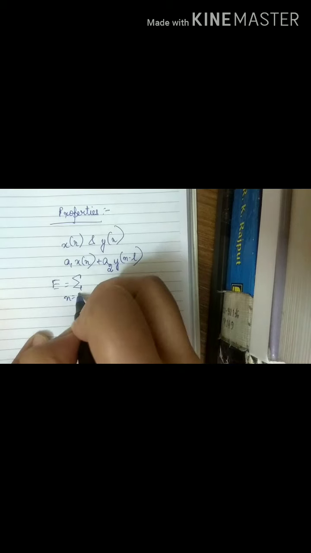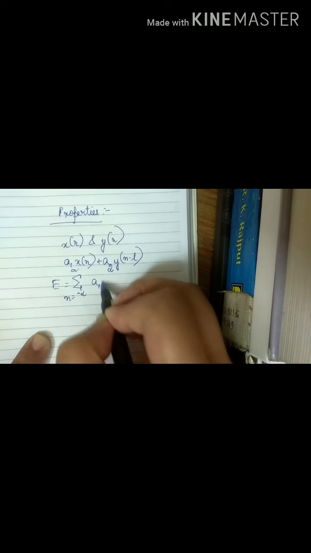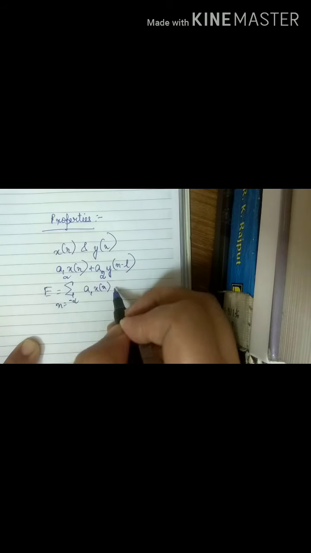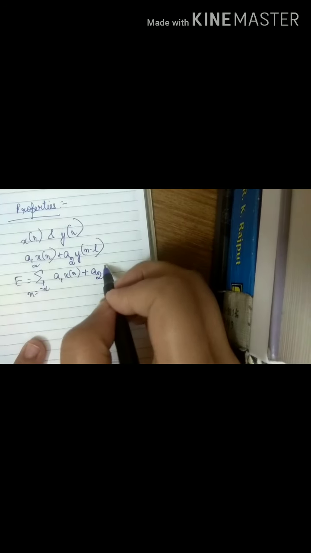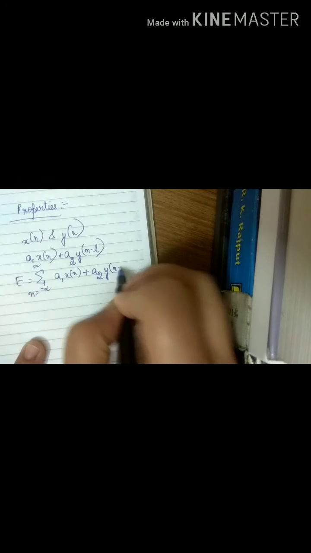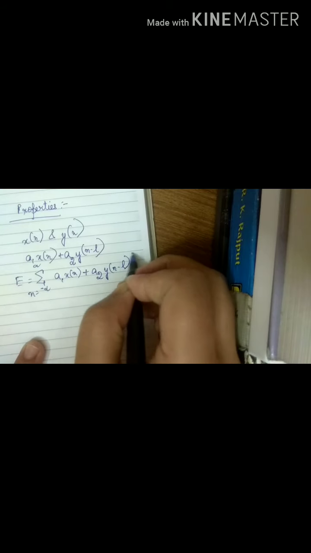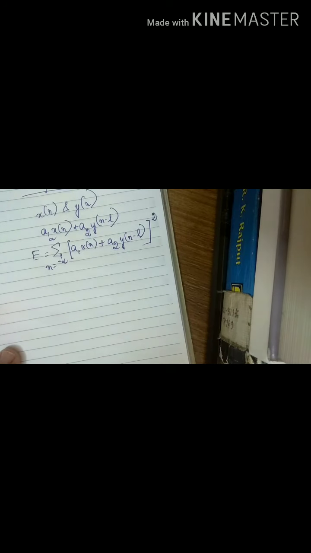summation n equal to minus infinity to plus infinity of [a1 x(n) plus a2 y(n minus L)]. Because we are computing the energy, there will be a square.